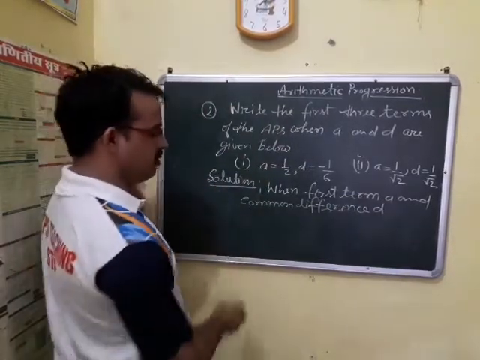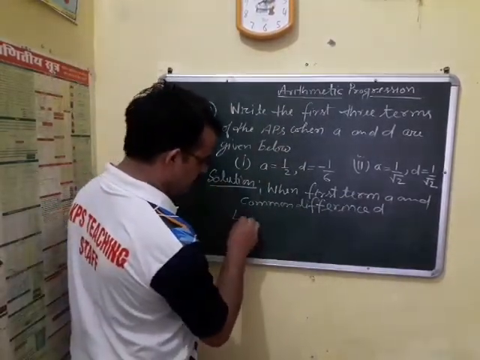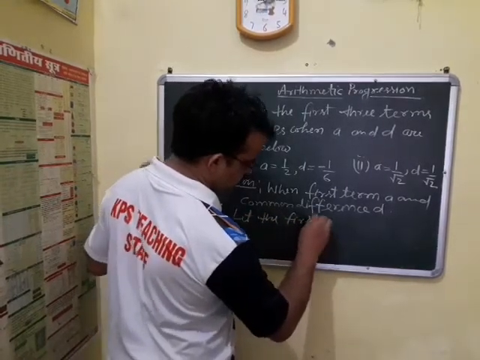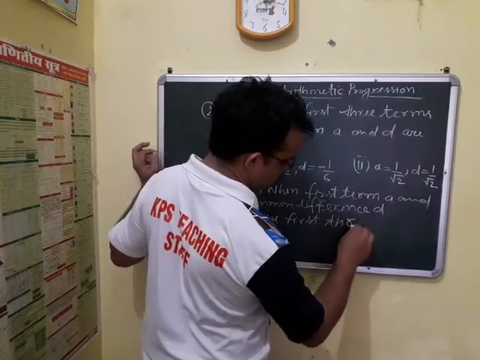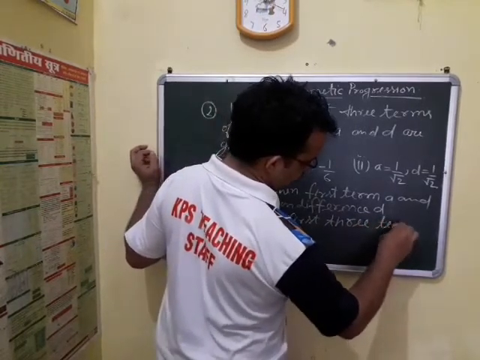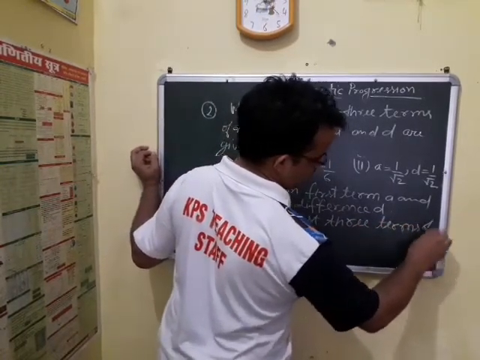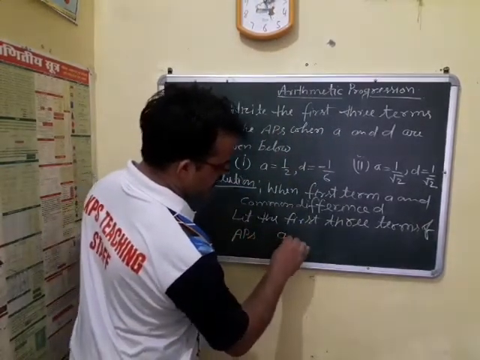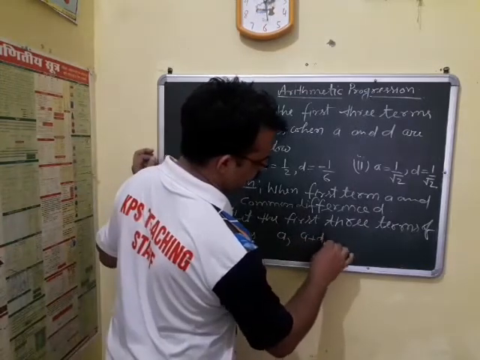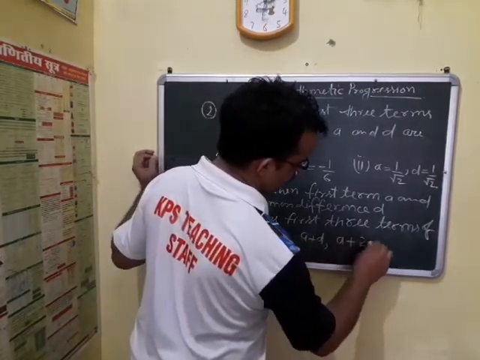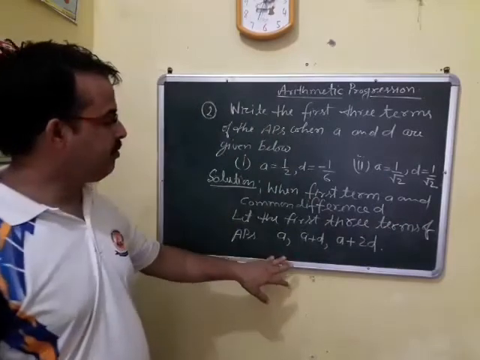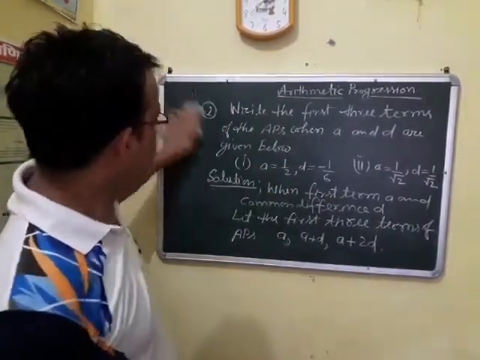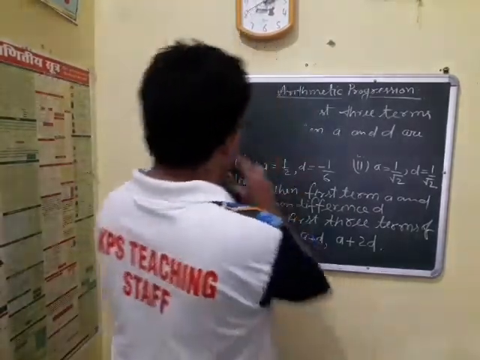Now let the first three terms of APs be A, A plus D, A plus 2D. These are the terms of APs.